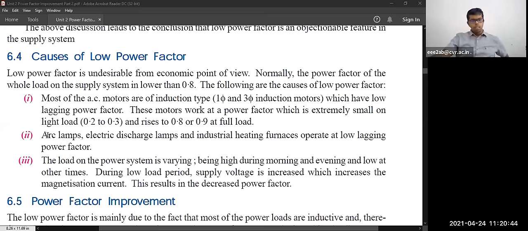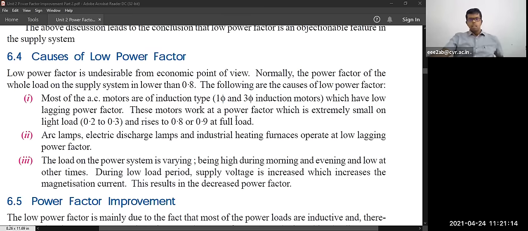Also, arc lamps, electric discharge lamps, and industrial heating furnaces operate at low lagging power factor. Industrial heating furnaces, if an induction type heating coil is inside the furnace, will give the low lagging power factor.